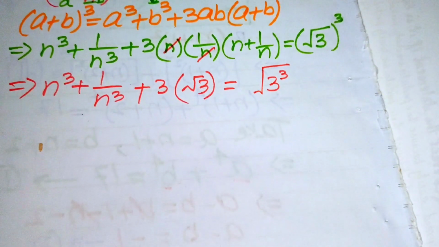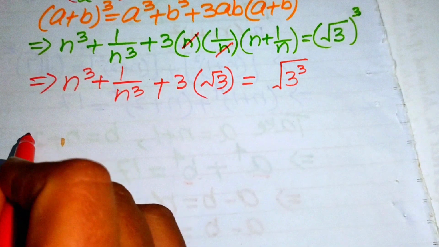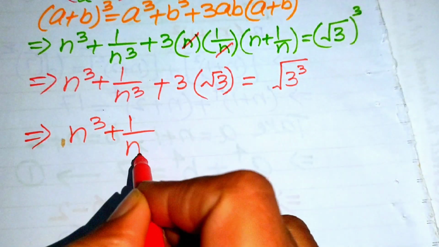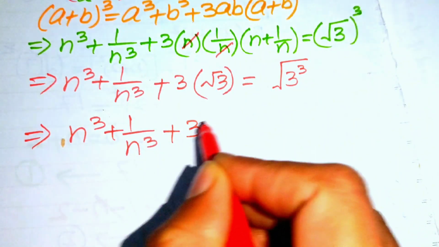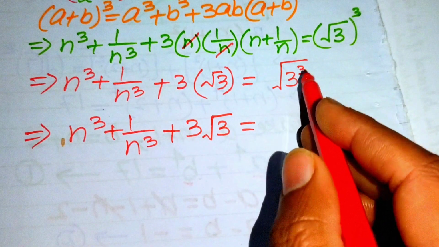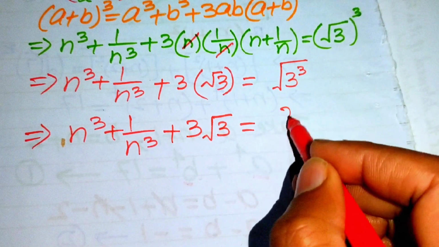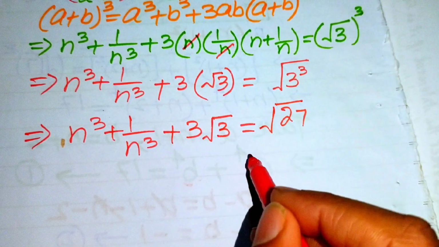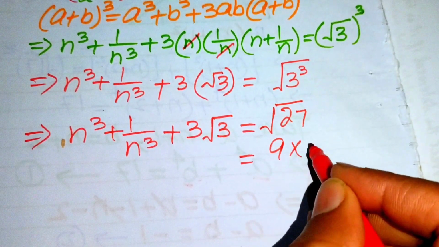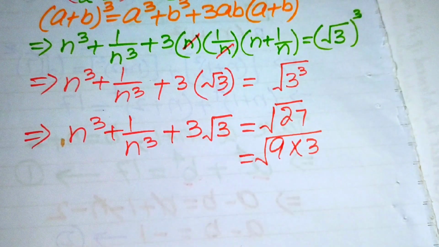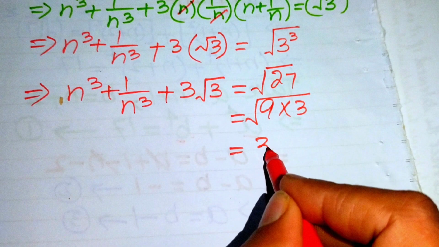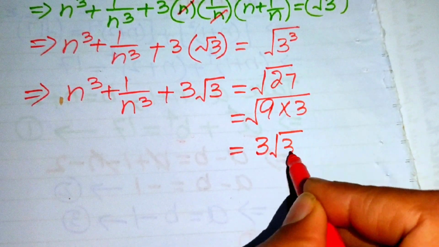Now we again simplify the terms and we get n cubed plus 1 over n cubed plus 3 into square root of 3 equals, here you know that 3 to the power of 3 equals 27 square root, and we write 27 square root as 9 times 3, and the square root of 9 equals 3 into square root of 3.